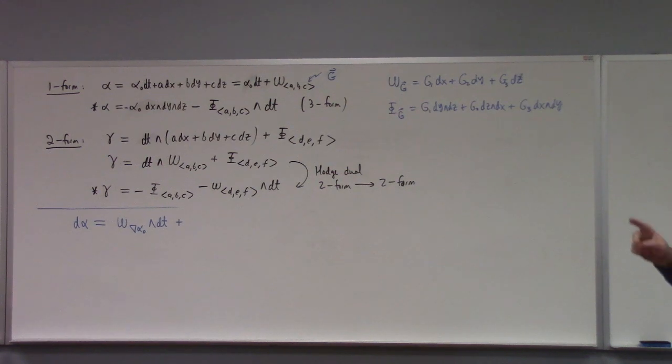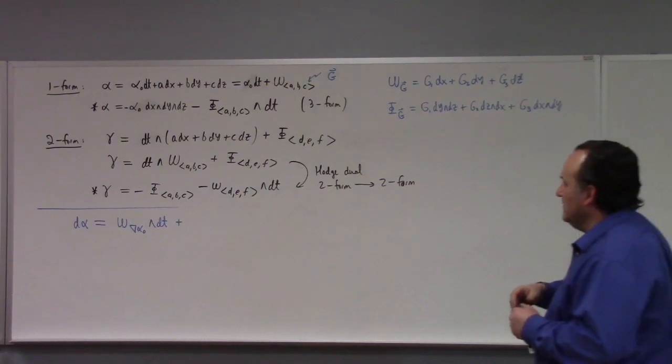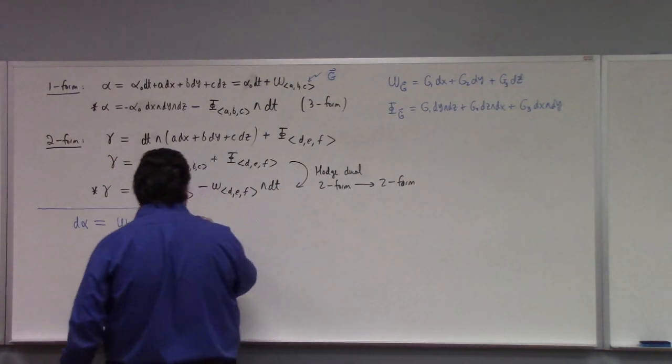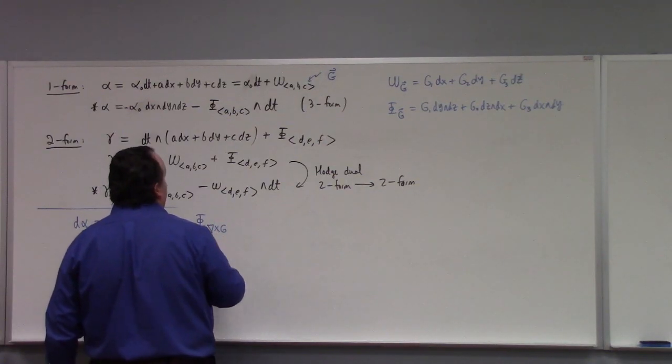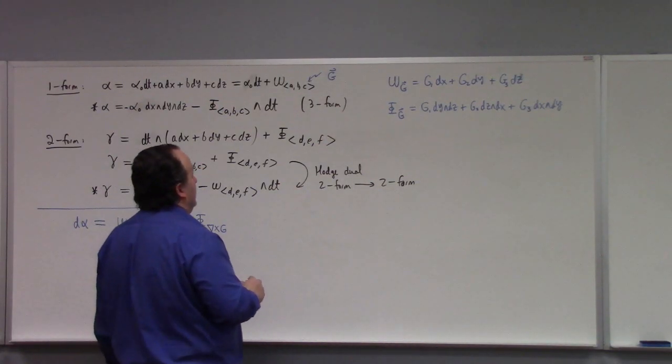And so when we differentiate the omega sub g term, that gives us a curl, but it also gives us a time derivative. So we get the flux form of the curl of g.